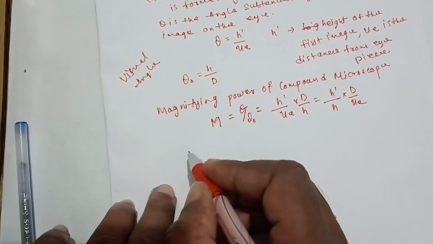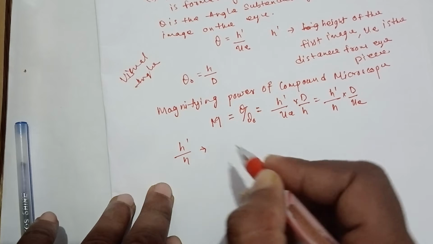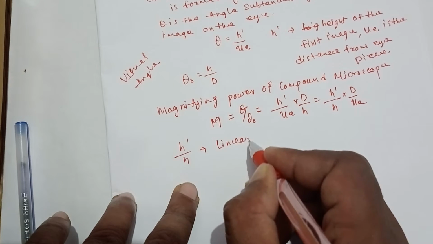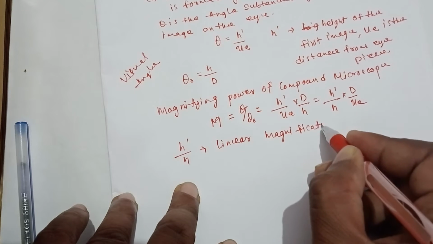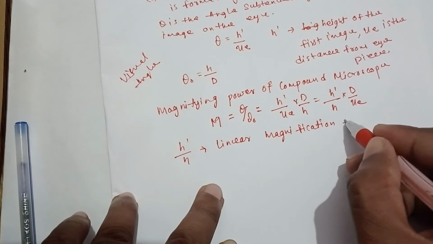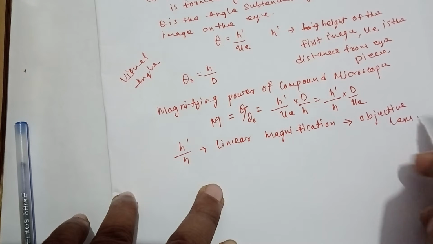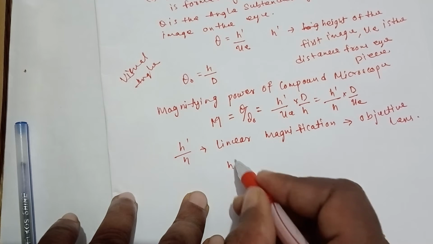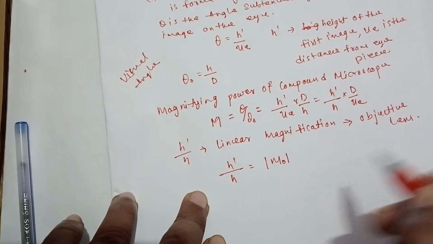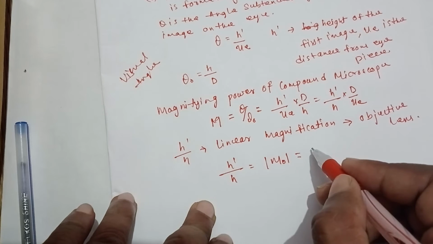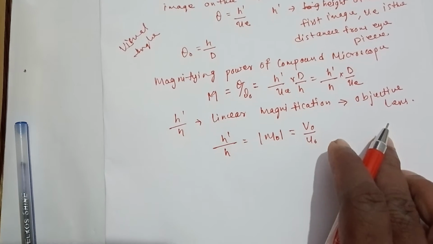From our initial lecture we have learned that h dash by h is equal to the linear magnification produced by the objective lens, that is mod of M naught, the magnification produced by the objective lens, which is equal to V naught by U naught, right?